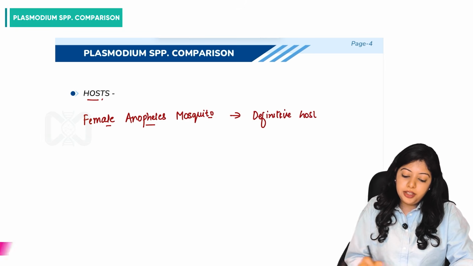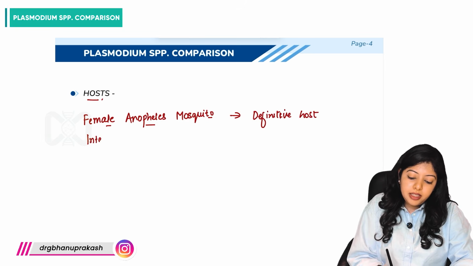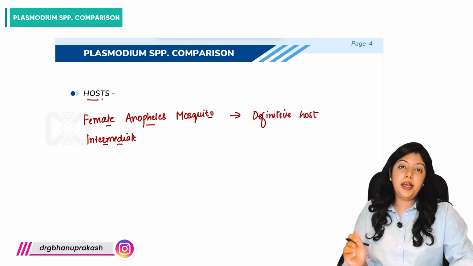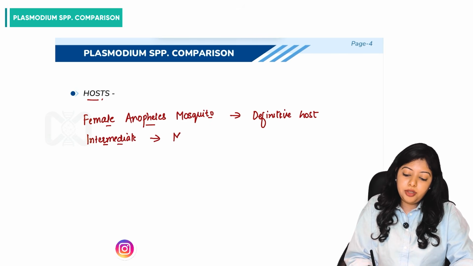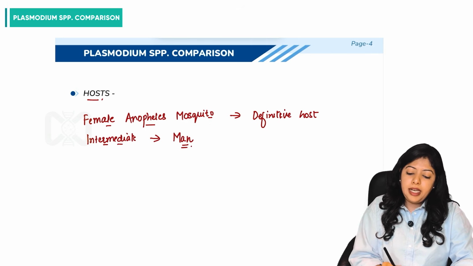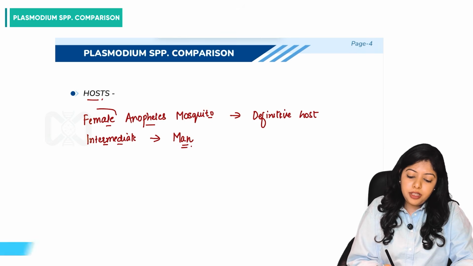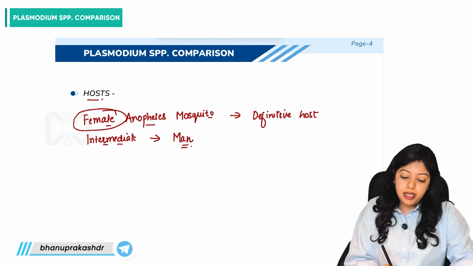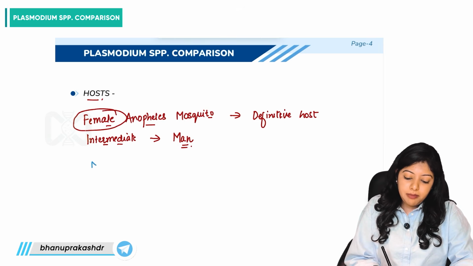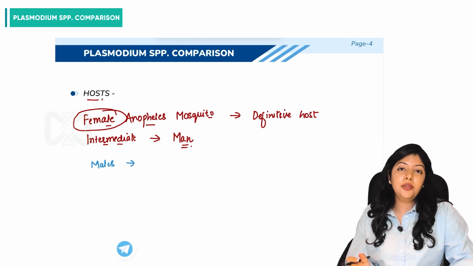And what are the intermediate hosts? Man is the intermediate host because the majority of the life cycle takes place in man, right? And why only female Anopheles mosquito? Why not male Anopheles mosquito? Because males enjoy the fruit juices. They don't host the parties.